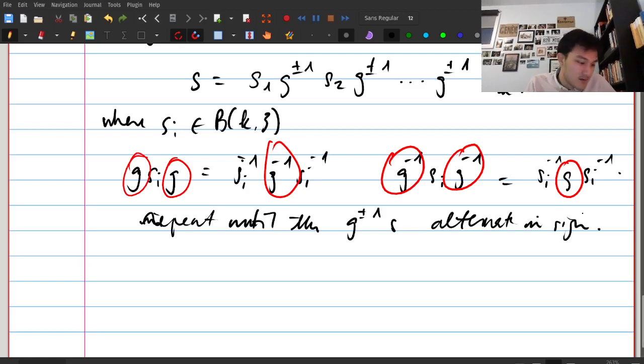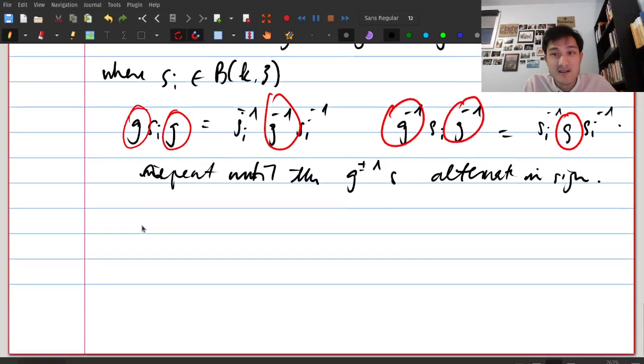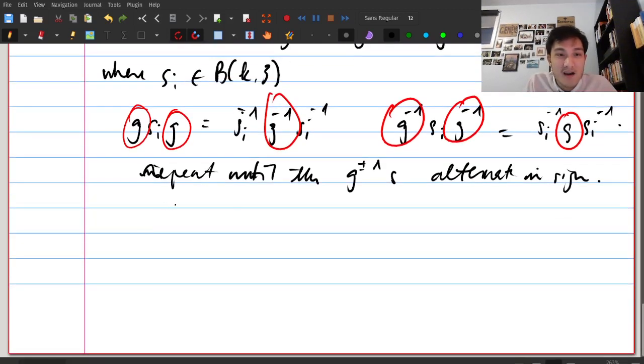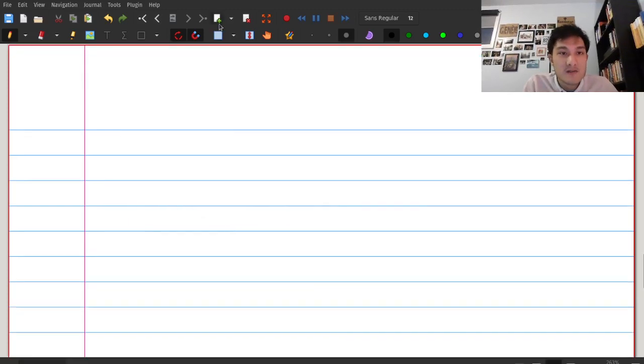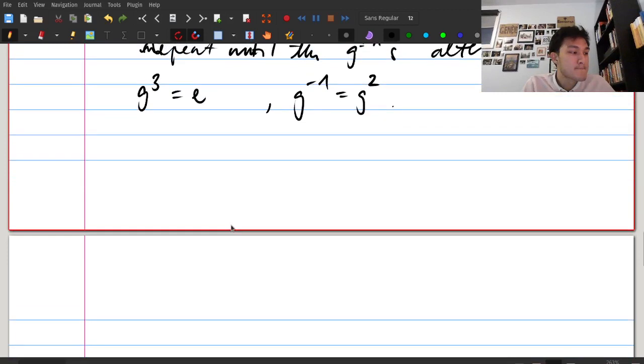But the surgery isn't over, because we can keep going. Since g cubed is equal to e, g inverse is equal to g squared. Now I'm going to need more space for this, so let's start a new page.